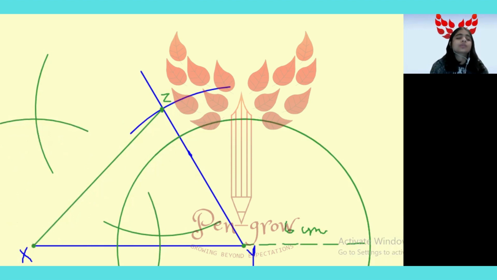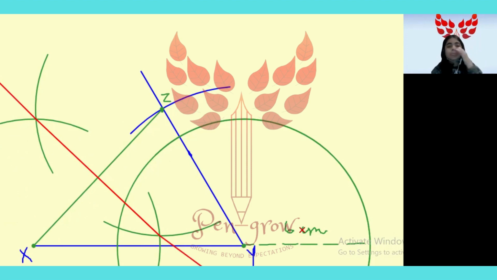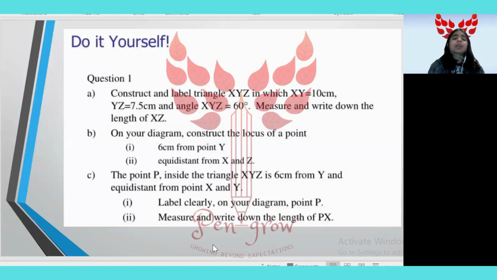And then we join the 2 points. This is the equidistant line. And by the way, we can and we should, if we need, extend the loci points. So this is what we get. And how can we represent this? We can find the measurement of XZ and write it, or we can show it by saying that these are equal, this is 90 degrees. And yes, we've made the locus.